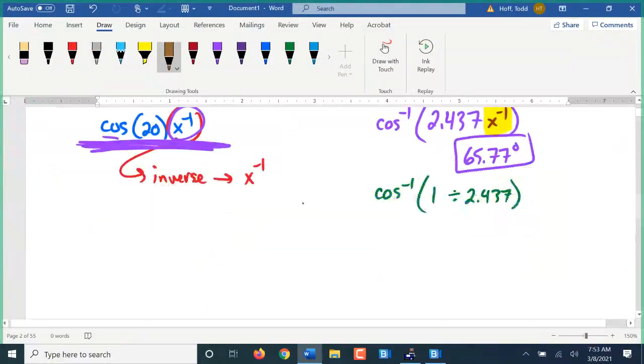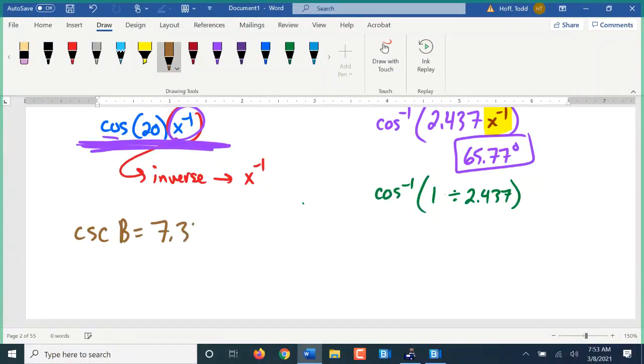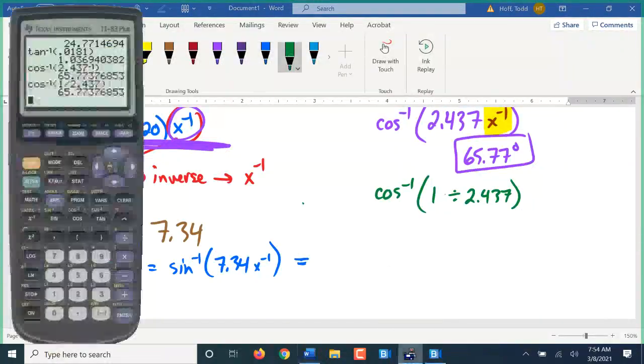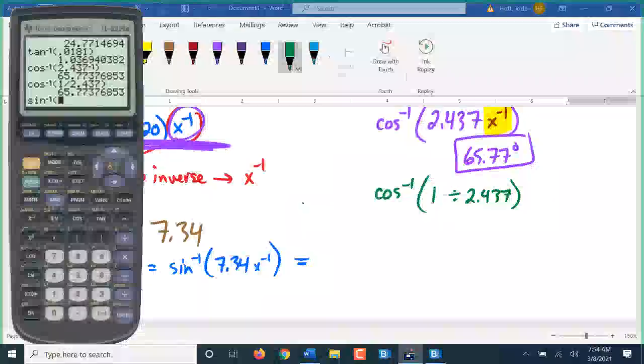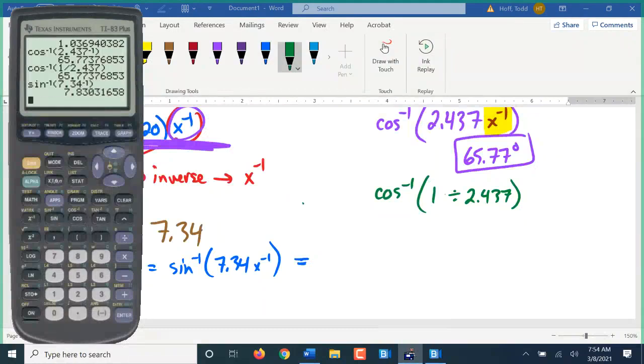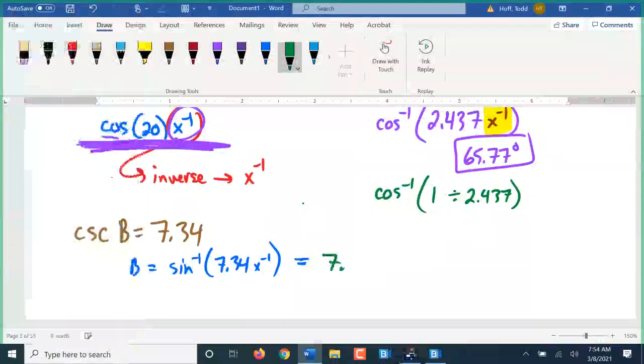So, if I tell you that the cosecant of angle B is 7.34, B is going to be inverse sine of 7.34, and then the x negative 1 inside the parentheses, .83 degrees.